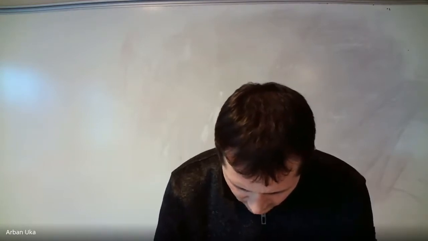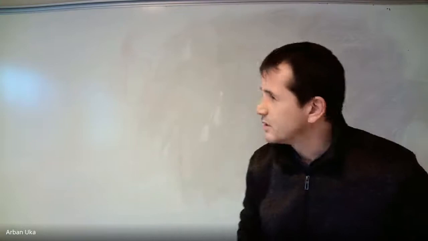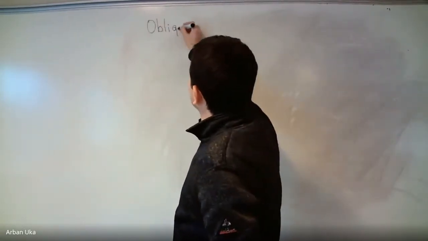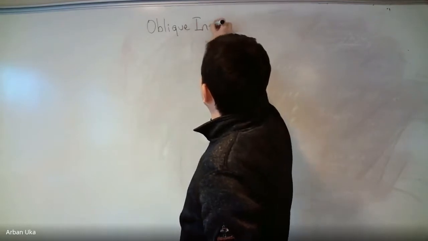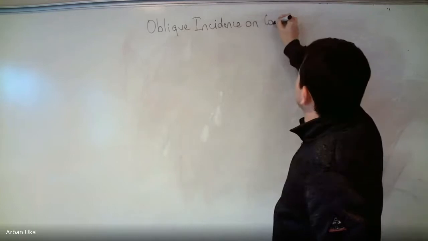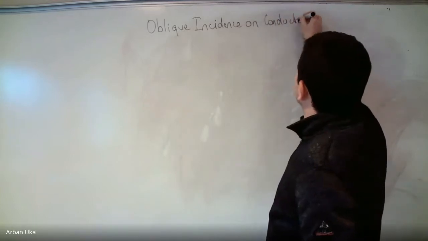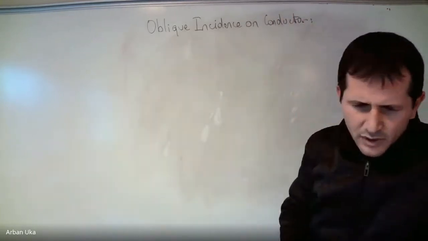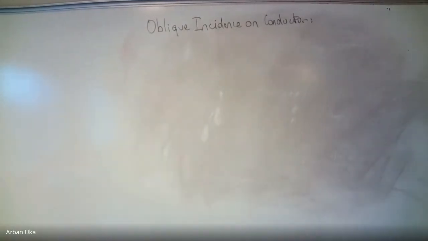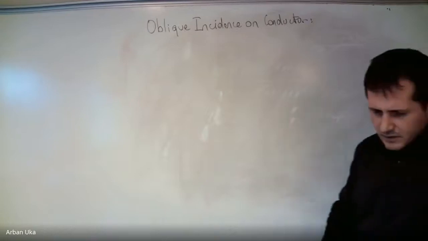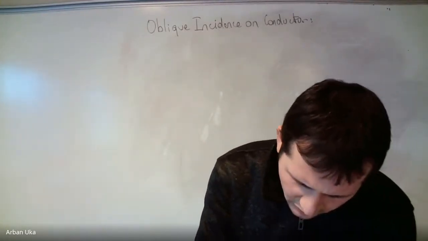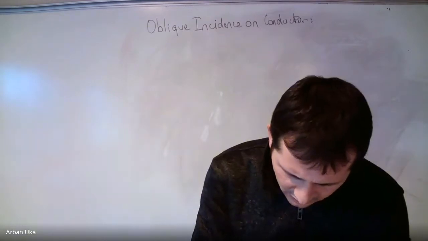And in that case, whenever we have an oblique incidence on a perfect conductor, in fact, in this case, we're just going to see a simplified version of the results that we obtain from an insulator or a non-perfect conductor.